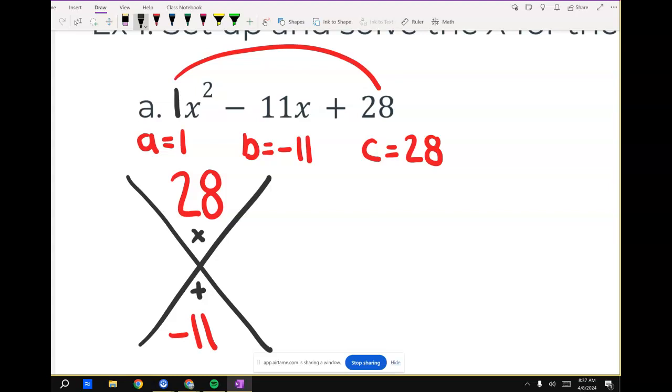Negative 4 times negative 7 is positive 28, and negative 7 plus negative 4 is negative 11. So these are two numbers that multiply to the number on our top but add to the number on our bottom. It's a little bit of a puzzle. If I know the top is a positive and the bottom is a negative, both of these have to be negative, the only way I can multiply to a positive number but still add to a negative.